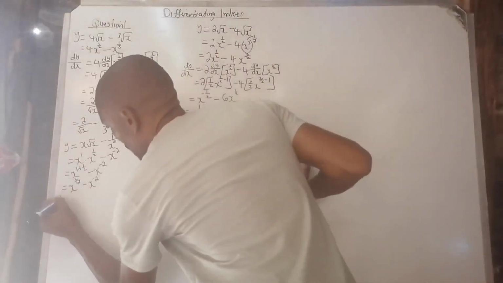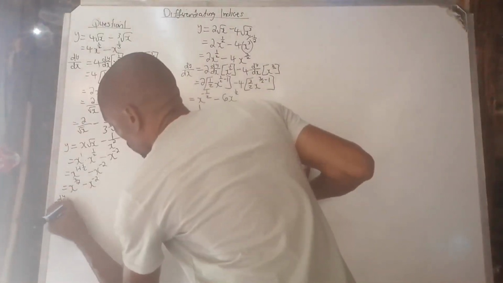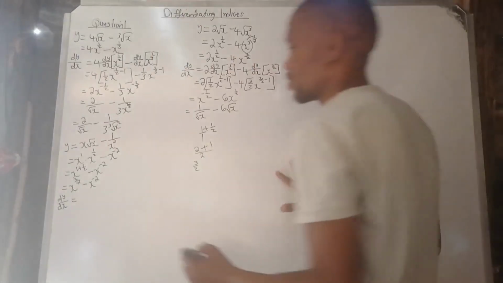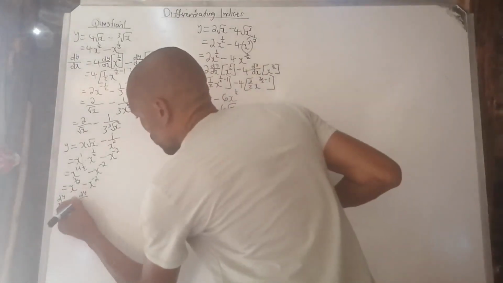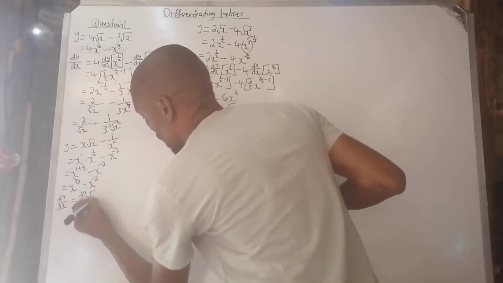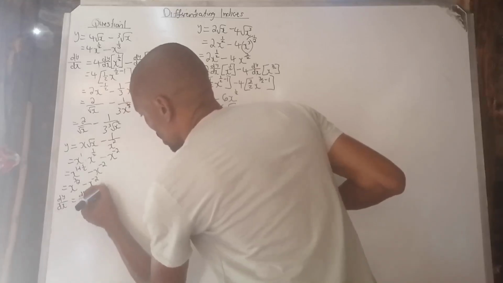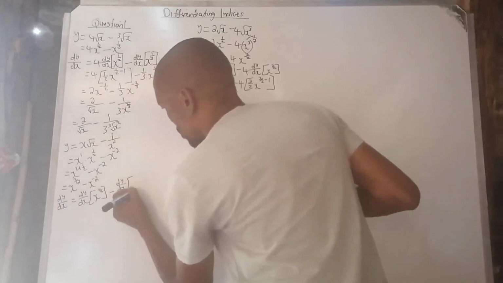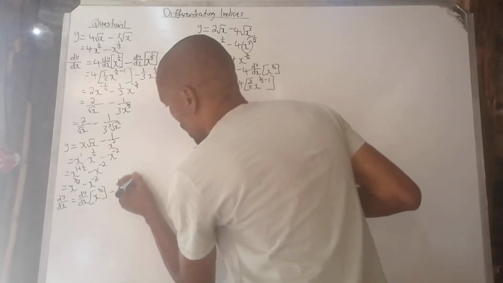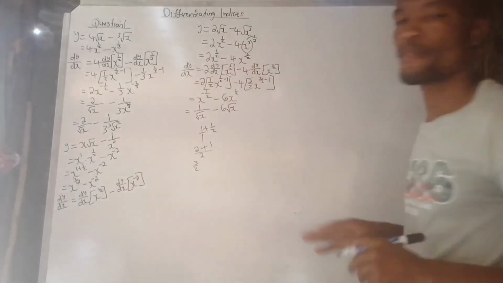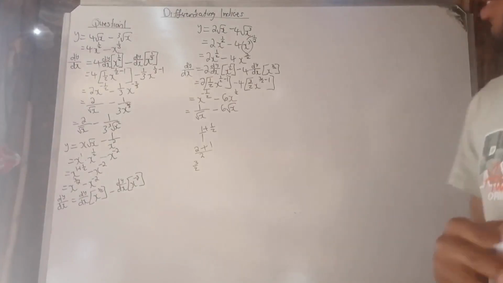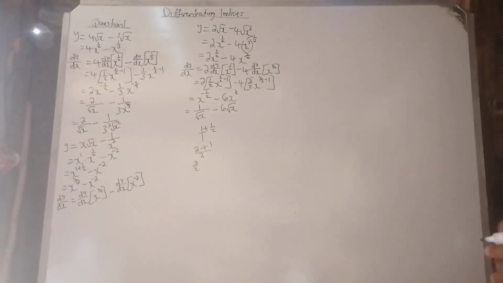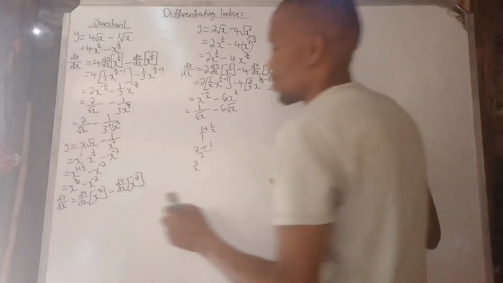I can now say the derivative of y with respect to x would be the derivative with respect to x of x to the 3/2 minus the derivative with respect to x of x to the minus 2. And then from there, what is it that I can do?